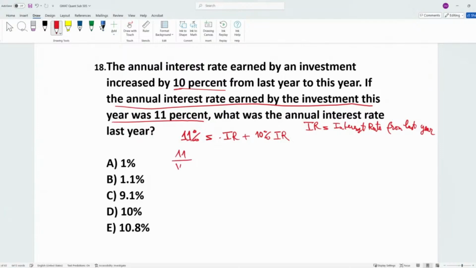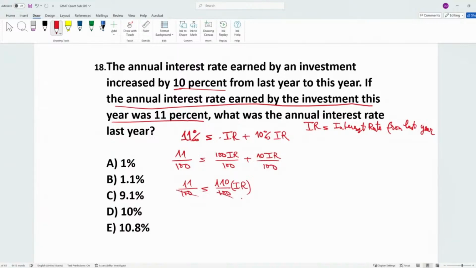So if we write it like this, it's equal to 100 IR over 100 plus 10 IR over 100. So basically this gives us 11 over 100 is equal to 110 over 100 IR.